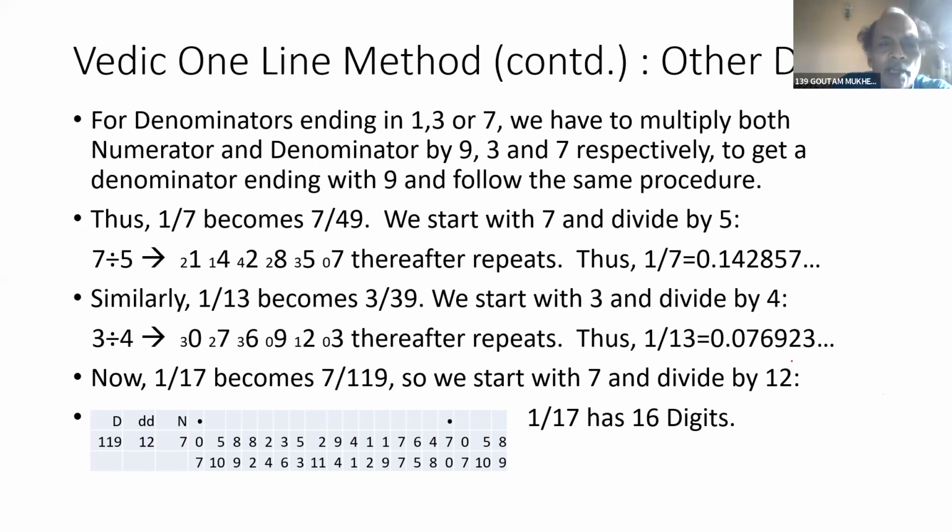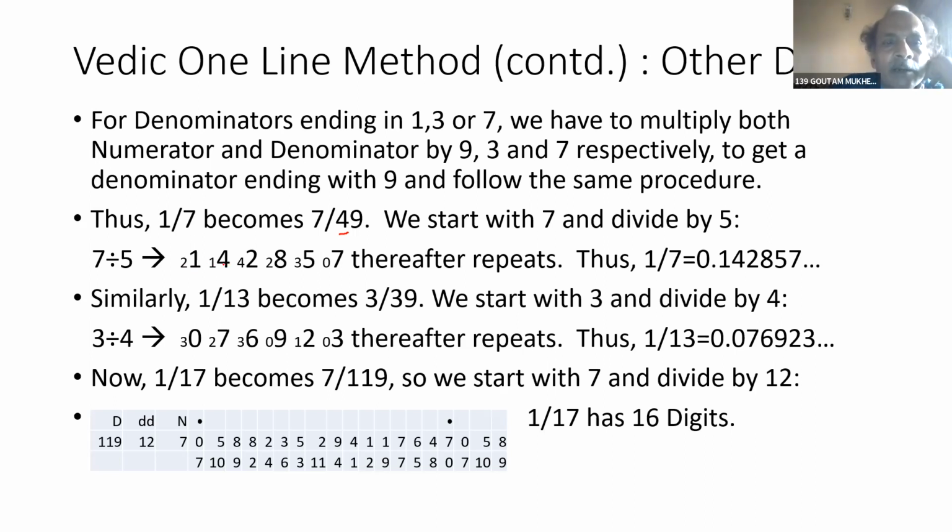Thus 1 by 17 becomes 7 by 49. We start with 7 and divide it by 5. Why? This 4 plus 1 is 5. So 7 divided by 5 becomes 1, remainder 2. Then 21 divided by 5 becomes 4, remainder 1.